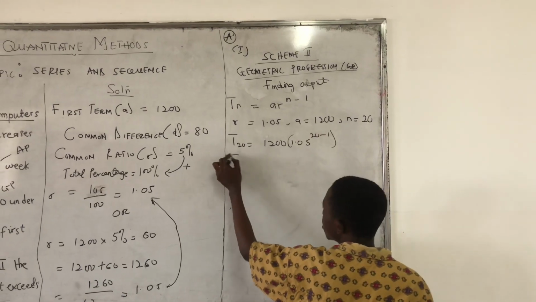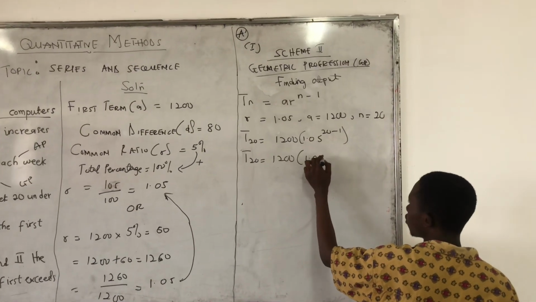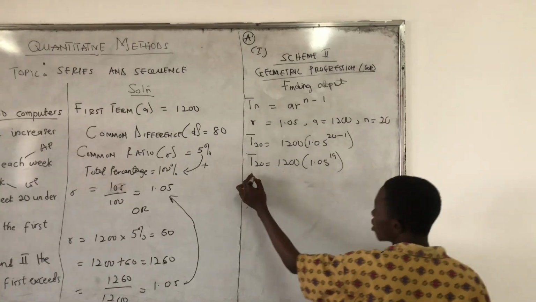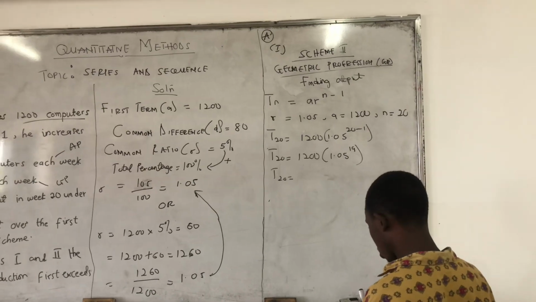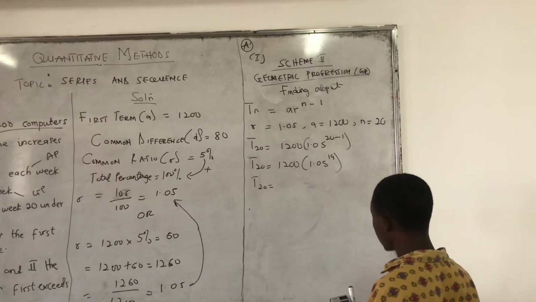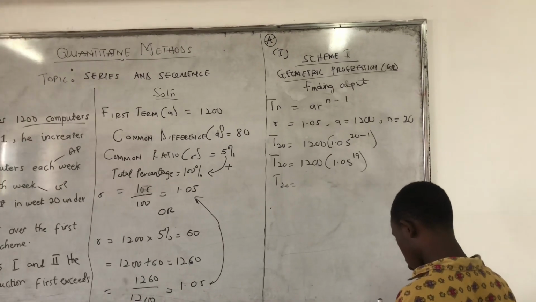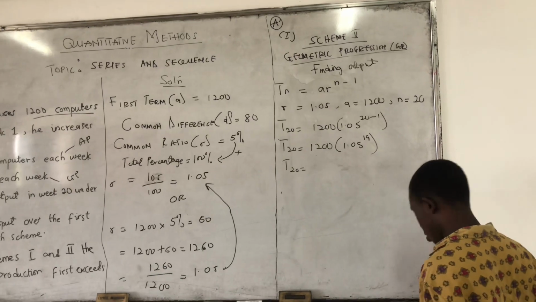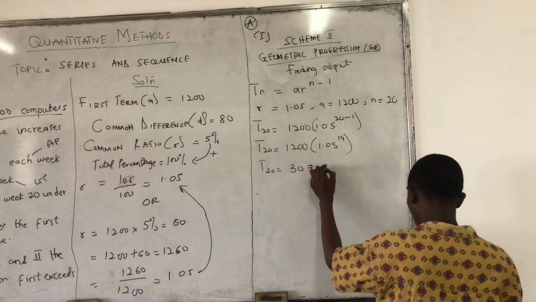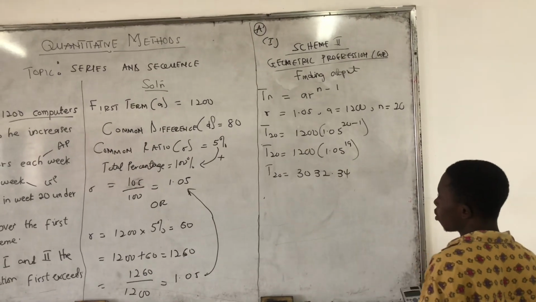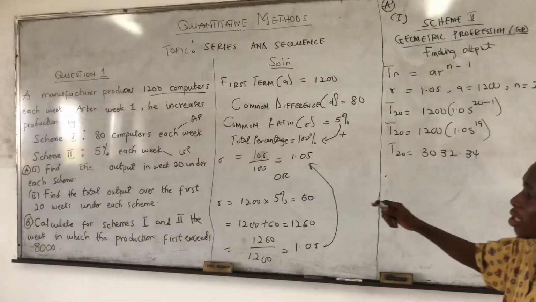So we have T20 equals 1,200 times 1.05 to the 19. Use the calculator. I get 3,032.34.